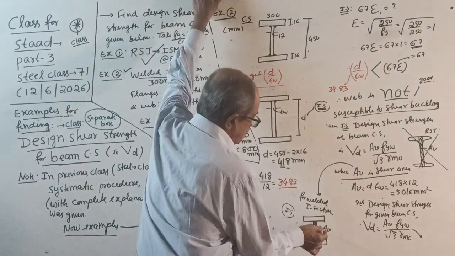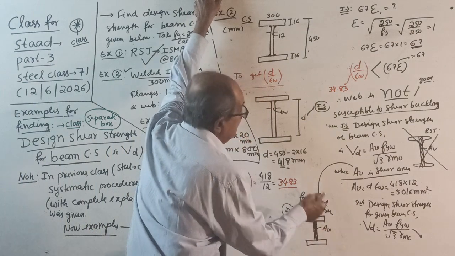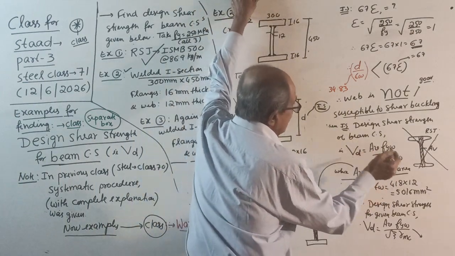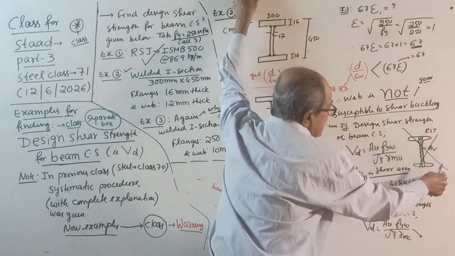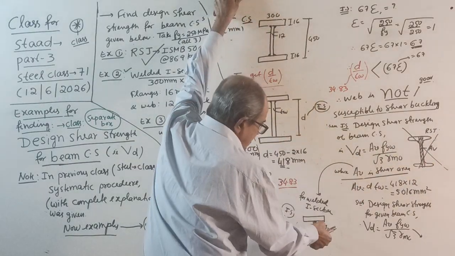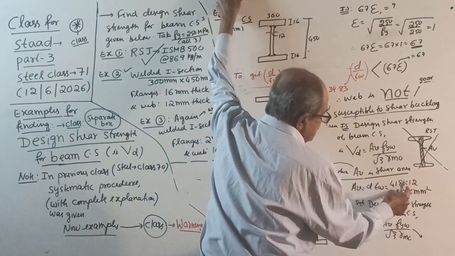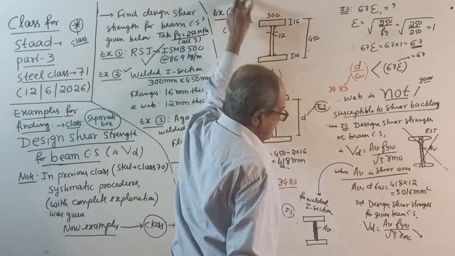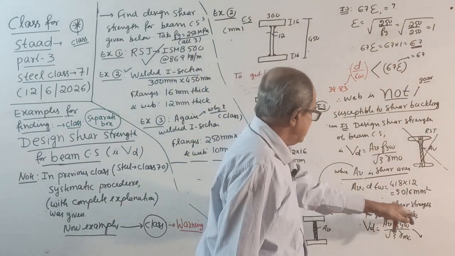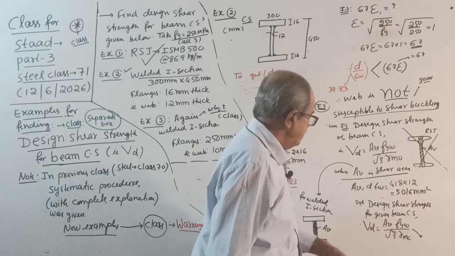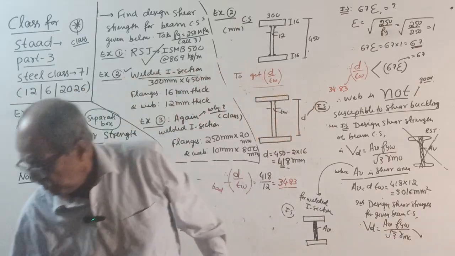So shear area equals, you can see here, this area is d. Last time it was total depth into tw. Now only depth of web into tw. 418 into 12 is 5016. Therefore, design shear strength is Av fyw by root 3 gamma m0.